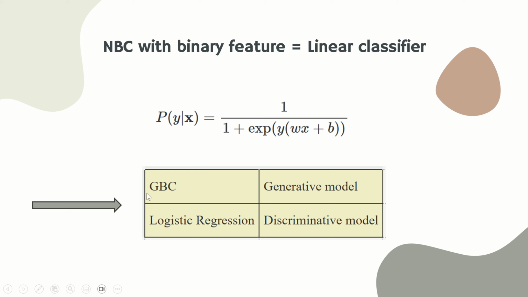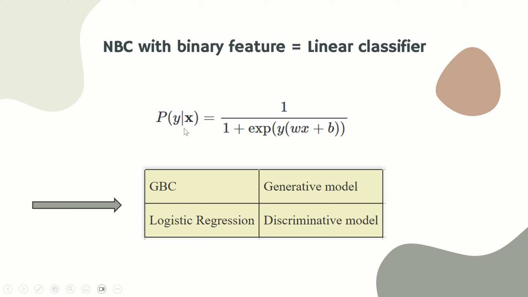We'll compare these two, and the main difference is that naive Bayes classifier is a generative model. It doesn't calculate P(y given x) directly.